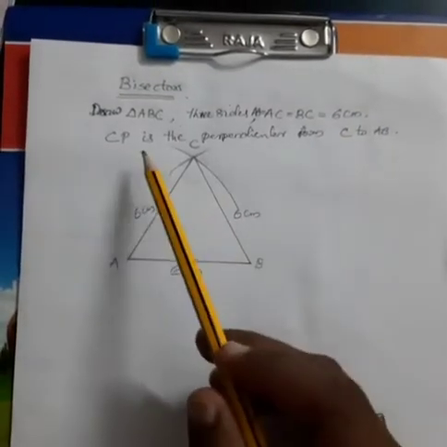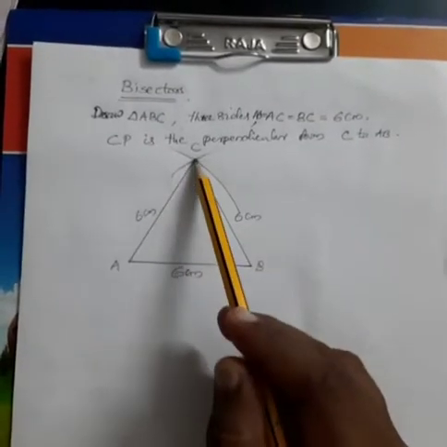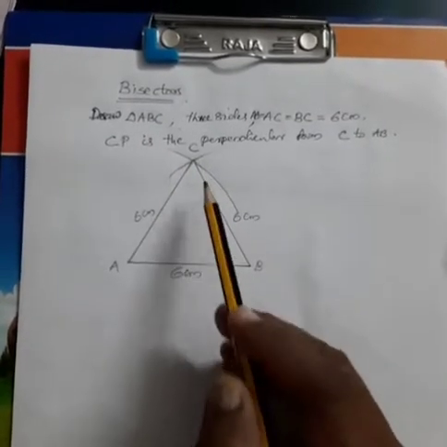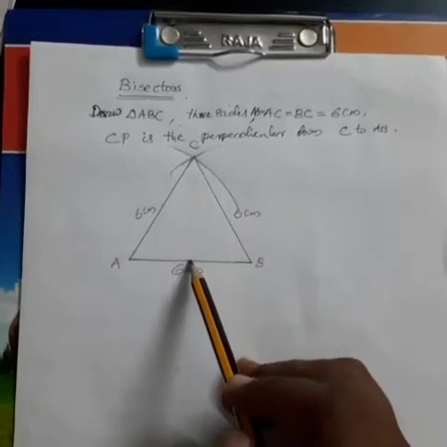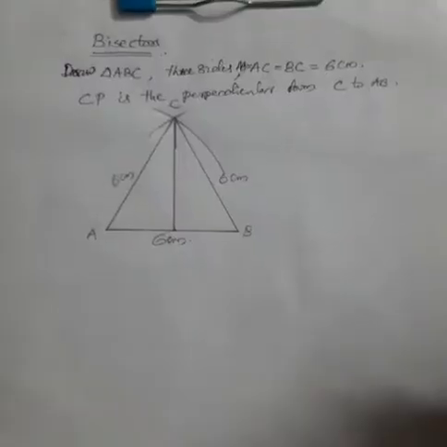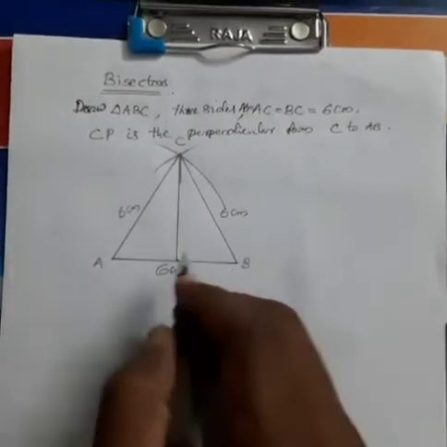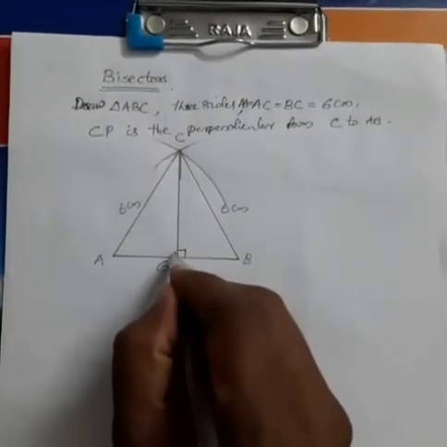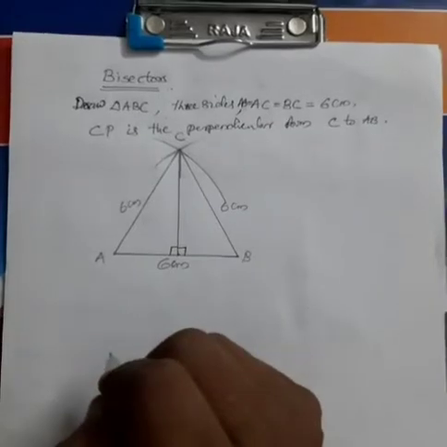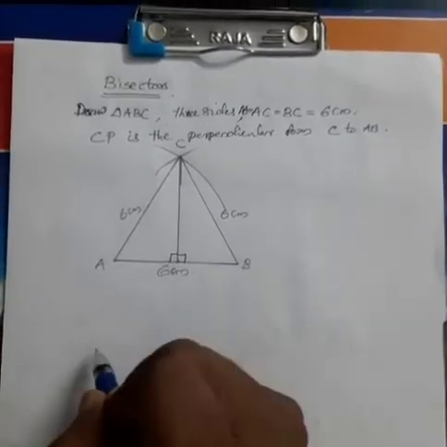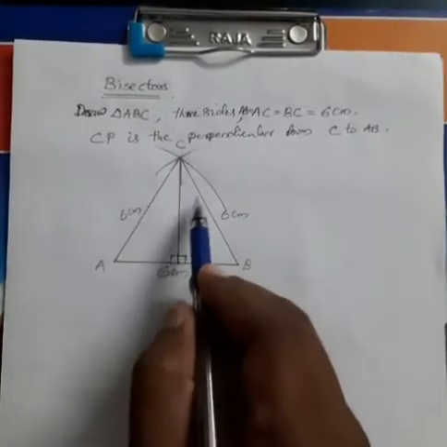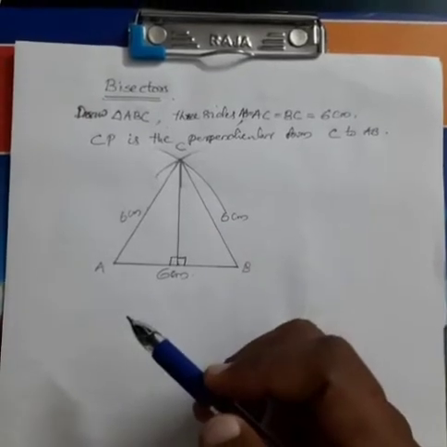Next you have to draw a perpendicular from C to AB. So here you get an angle of 90 degrees. So these two angles are equal and these two sides are also equal.